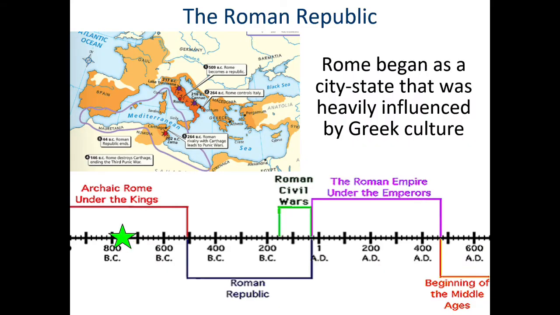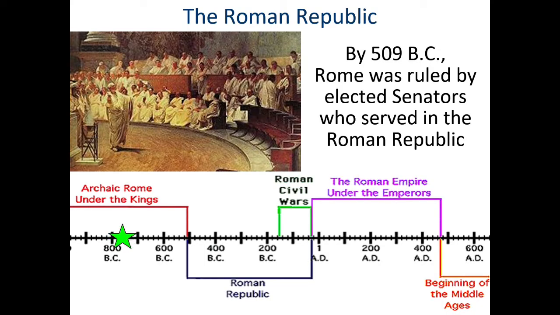Okay, the Roman Republic, we've got a timeline here at the bottom that kind of shows how we're doing this. Rome began as a city-state that was heavily influenced by Greek culture, and you can see that right there with the green star. By 509 BC, Rome was ruled by elected senators who served in the Roman Republic.